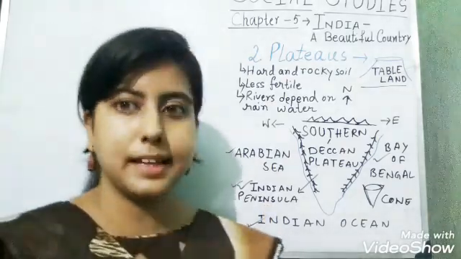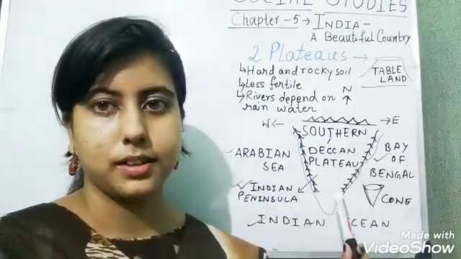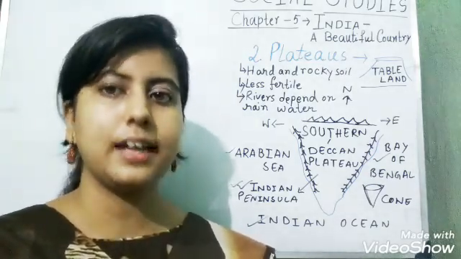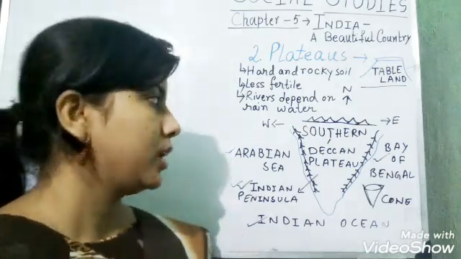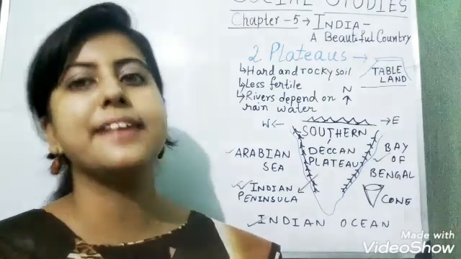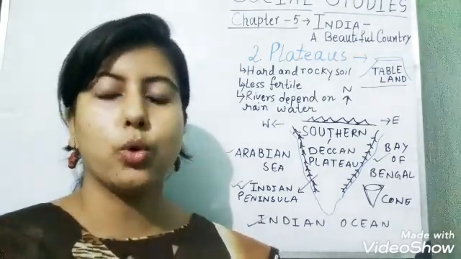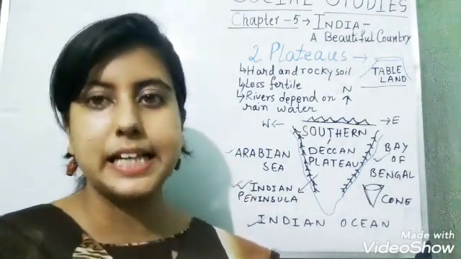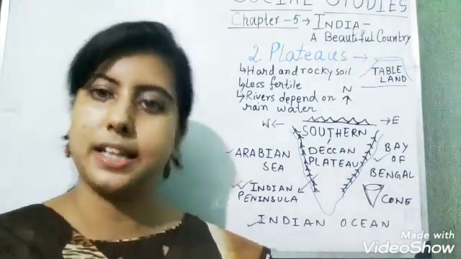Now, in this part, we have many rivers. The names of the rivers I have mentioned in the last part. Now, these rivers depend on rainwater. They do not have snowmelt water in them. So they depend on rainwater throughout the year.